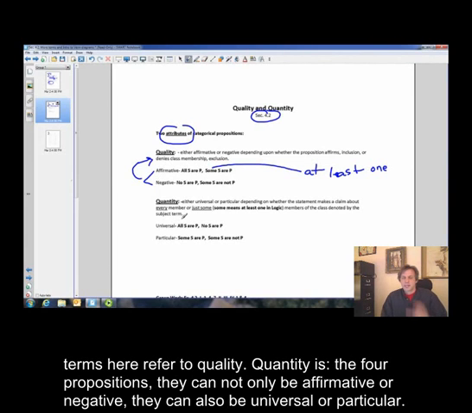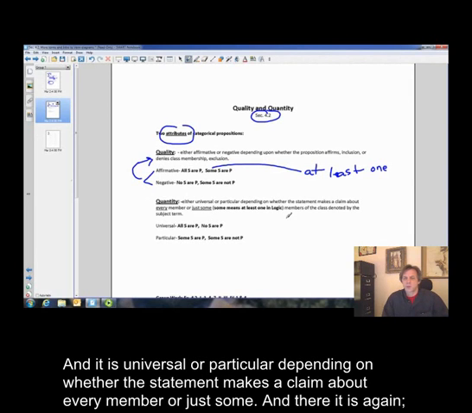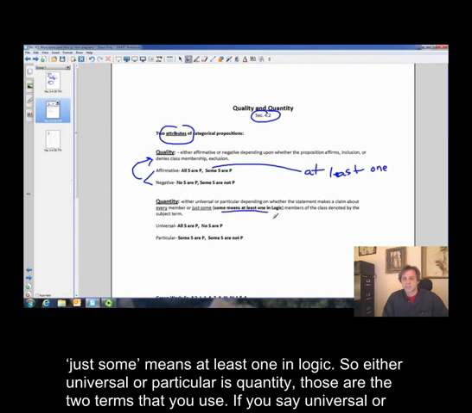Quantity is, of the 4 propositions, they can not only be affirmative or negative, they can also be universal or particular. And it's universal or particular depending on whether the statement makes a claim about every member or just some. And there it is again, just some means at least one in logic. Okay? So either universal or particular is quantity.